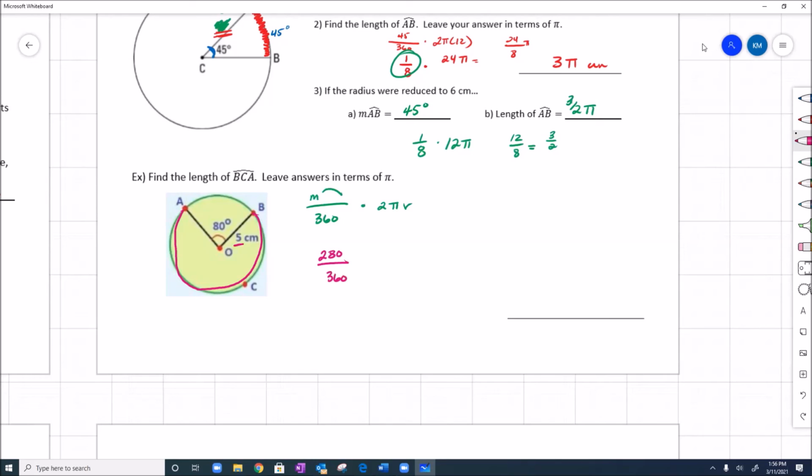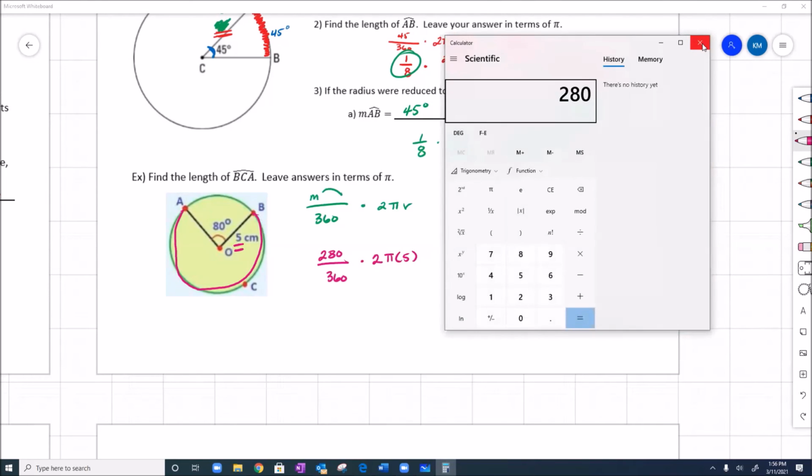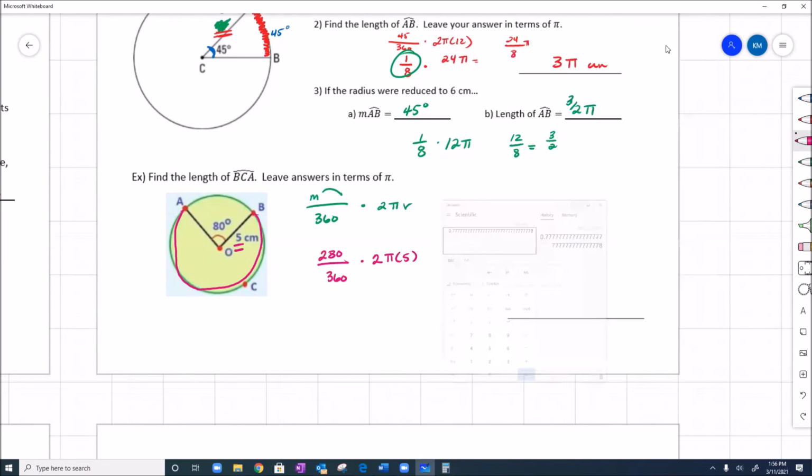We'll notice here BO is our radius, and that is 5 centimeters. So the circumference is 2 times pi times 5. So 280 over 360, if we simplify that, is 7 over 9.